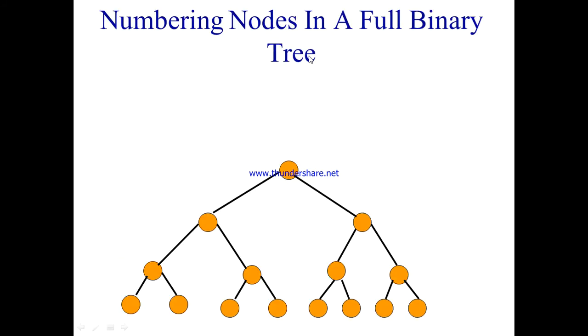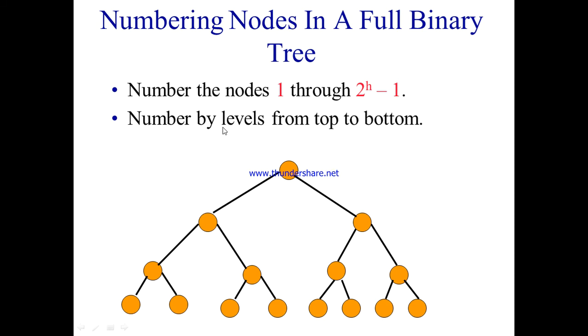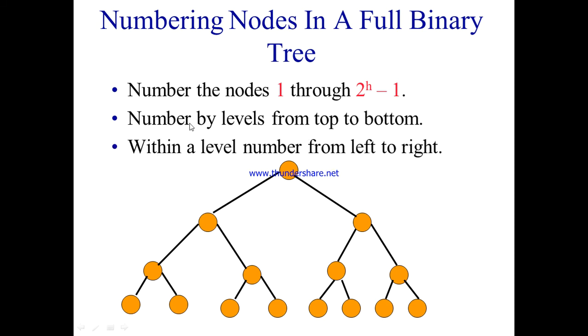Okay, and how do we represent the numbers? We start from 1 to 2 power h minus 1. You can see here how many levels there are. We consider the levels from top to bottom, and we number from 1 onwards: 1, here 2, here 3, here 4, 5, 6, 7, 8, 9, 10, 11, 12, 13, 14 and 15. So how do we number?